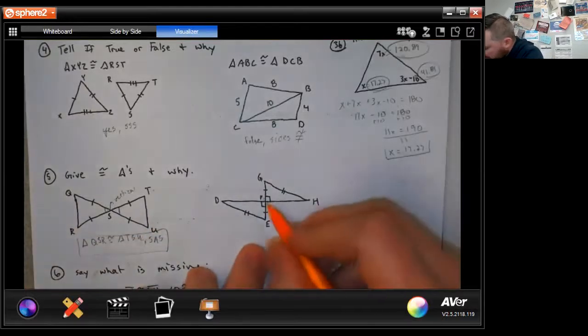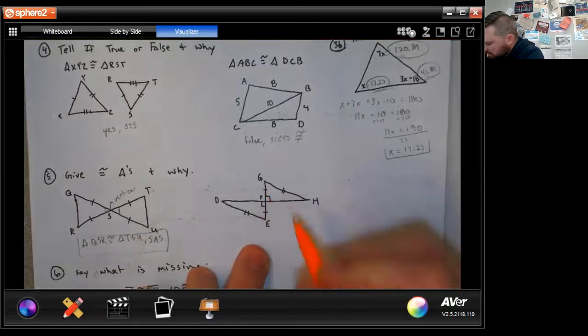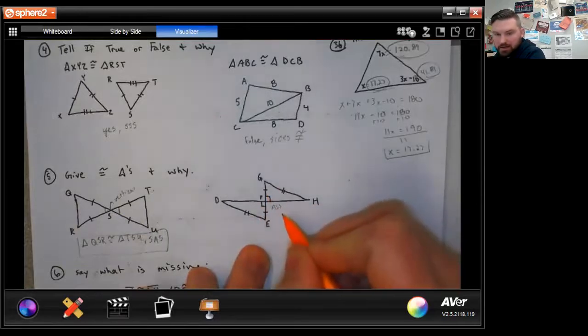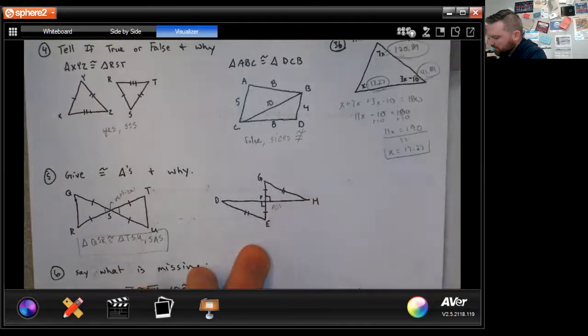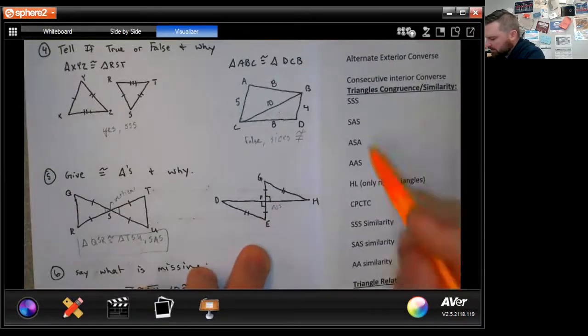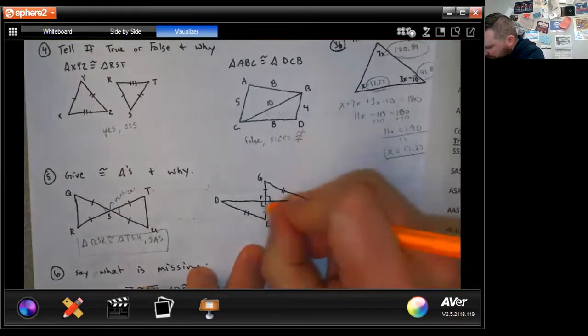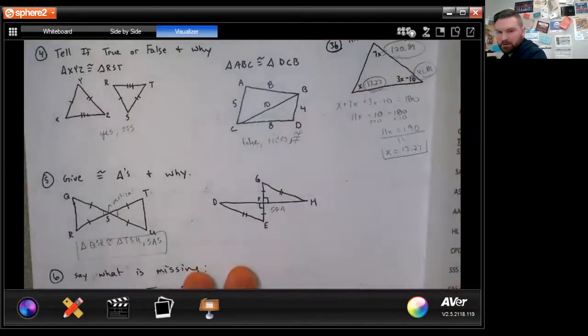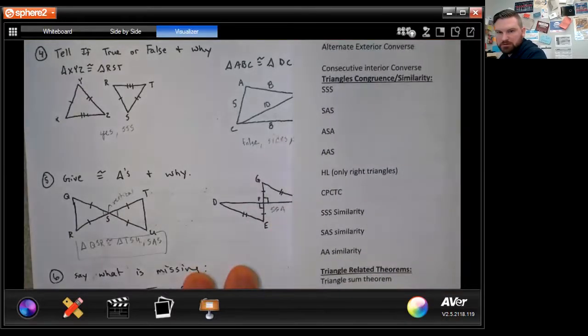Okay, here you have this angle is 90, this side, and this side. So that would be an angle side side, and we don't have an angle side side or a side side angle on this sheet.